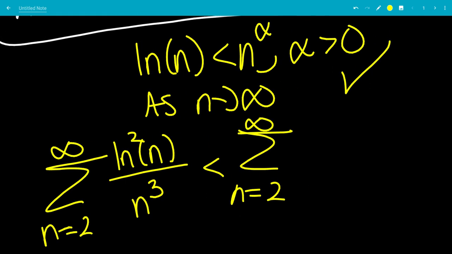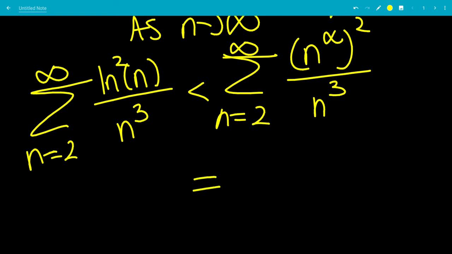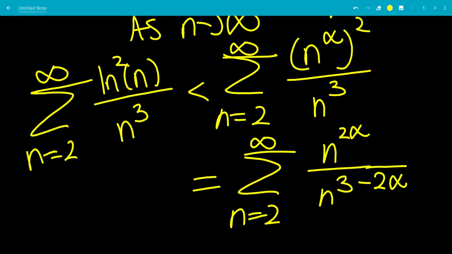That would be (n to the a) squared all over n cubed, which is n to the 2a all over n cubed. We can move the n to the 2a to the bottom by subtracting, so this is left with 1 over n to the 3 minus 2a.